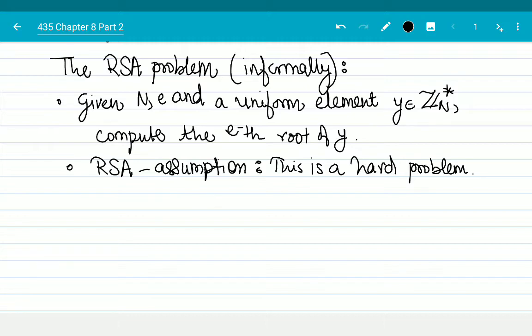Formally, the general RSA experiment is as follows.